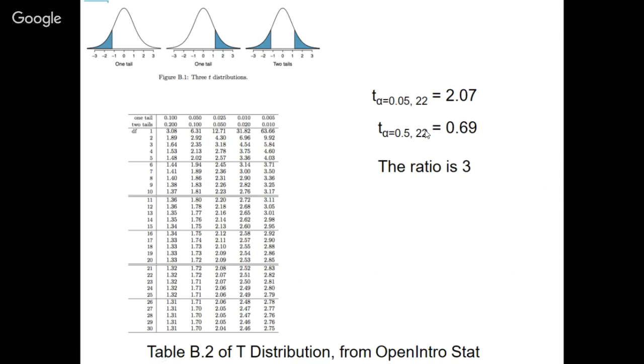And if you're going with 22 degrees of freedom in a t-distribution, from a 50% confidence interval to a 95% confidence interval, that ratio is 3. The 95% confidence interval is 3 times bigger.